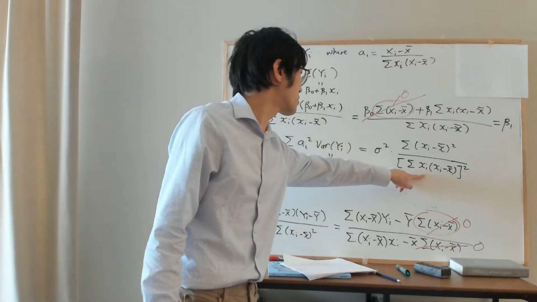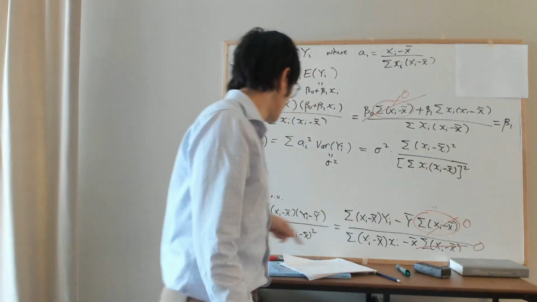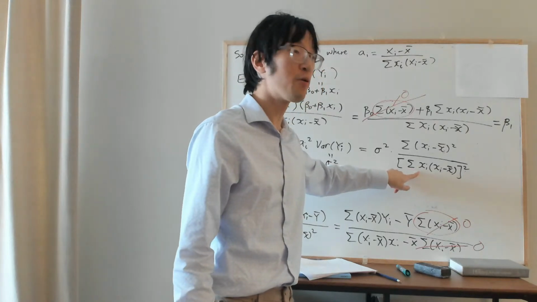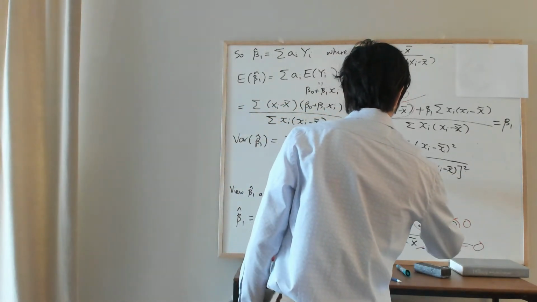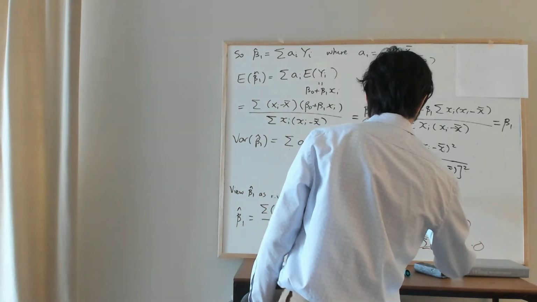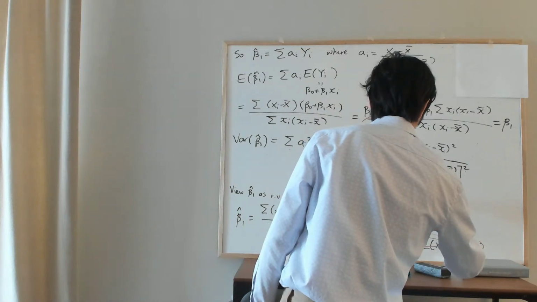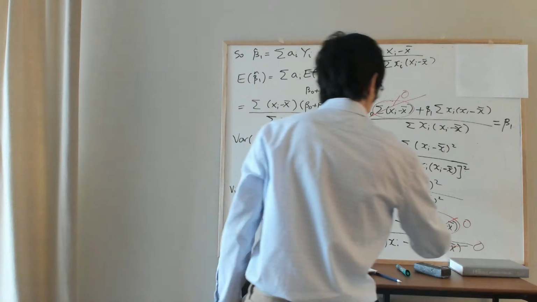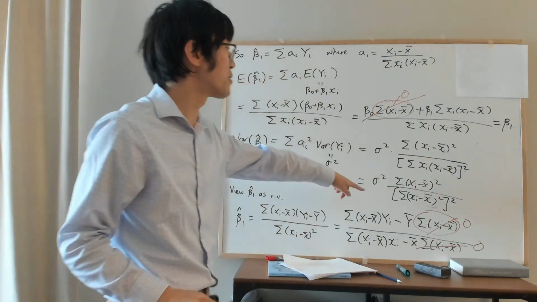And now we just need to go backwards. To simplify this, you look at this denominator and realize we can just replace it by what we had originally. So this is sigma squared times the summation of xi minus x bar squared, and at the bottom, let's replace this by the xi minus x bar form, which we already showed to be equivalent. So you simply have this thing squared, and one of them cancels.